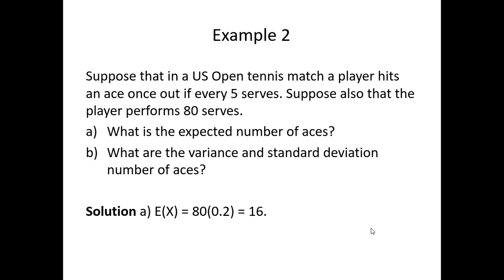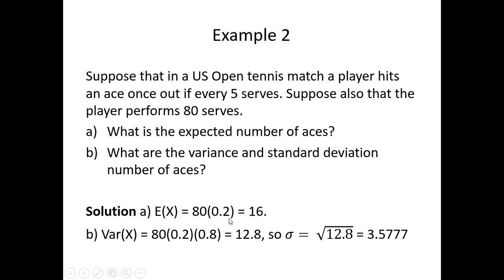It's just n times p, and that's what we have here. 80 serves gives us n is 80. There's a 20% chance that the serve is an ace, right? Because they're hitting an ace 1 out of every 5, so 20% chance. So this tells us that the expected number of aces would be 16.